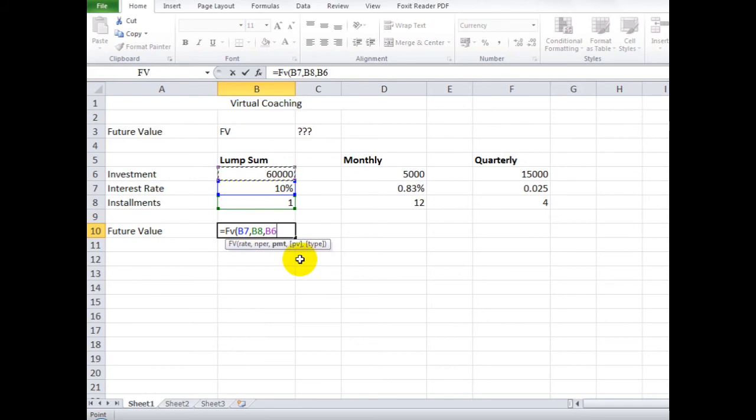For the present value, if you have studied financial management, or if you have some knowledge of business mathematics, present value is actually related to the time value of money. The amount that you will be getting in future, what is the present value of that? What is the actual purchasing value of that amount in present terms?